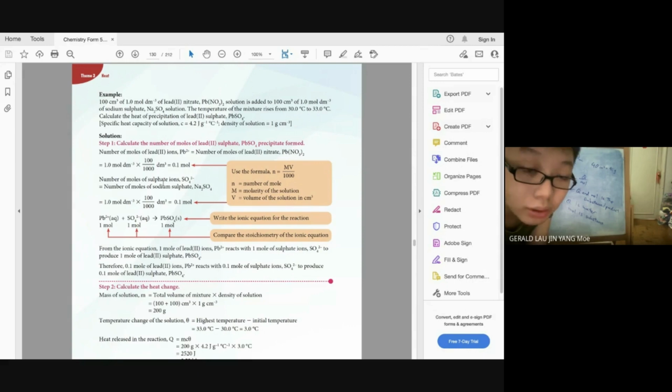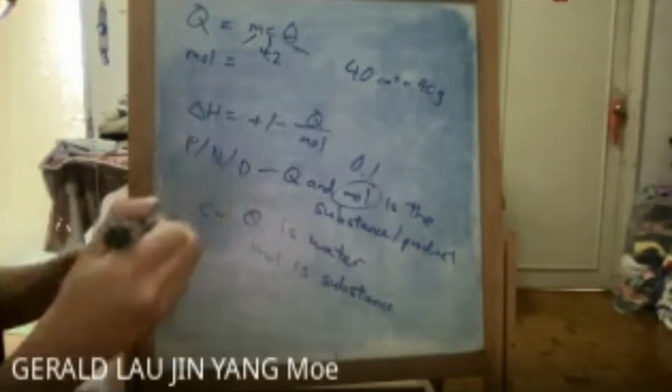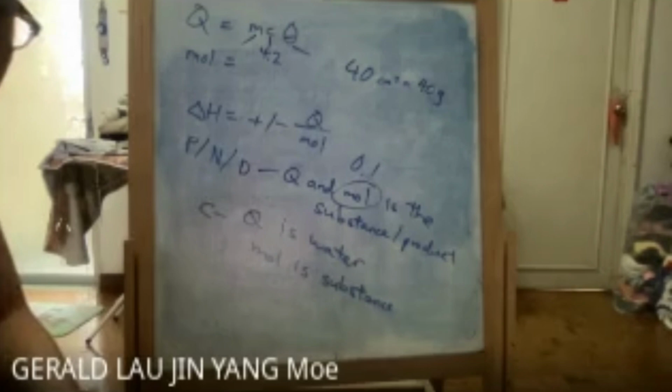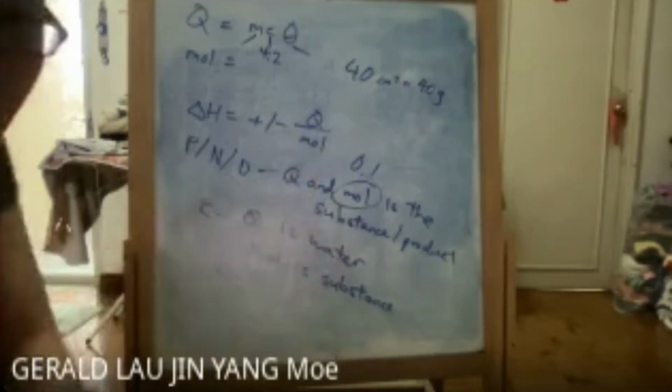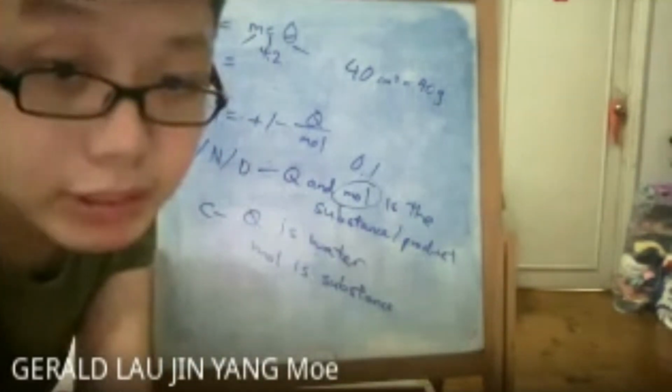Okay. Now you get the mole already, you do mole ratio. Mole ratio, you write the equation, you get all the same thing. So you already got your mole. Your mole is 0.1 for this question. Okay? You already get 0.1 for the lead sulfate precipitate.